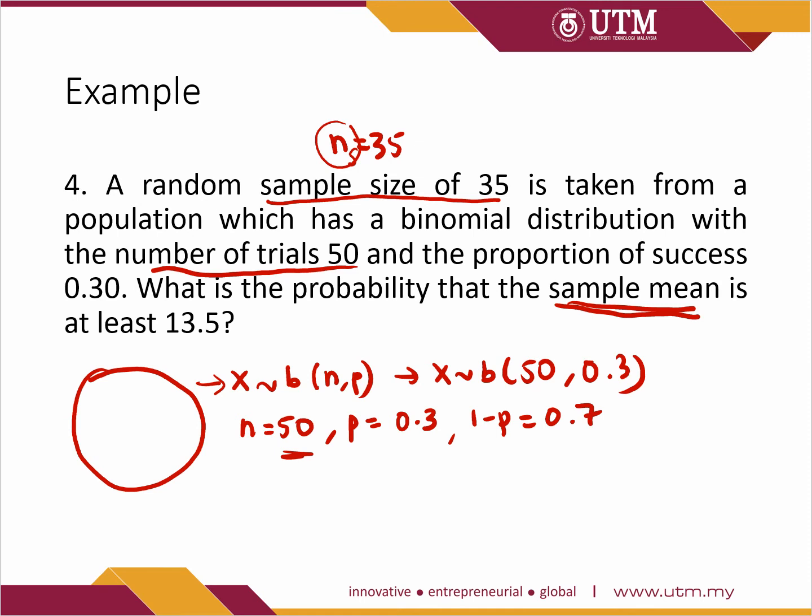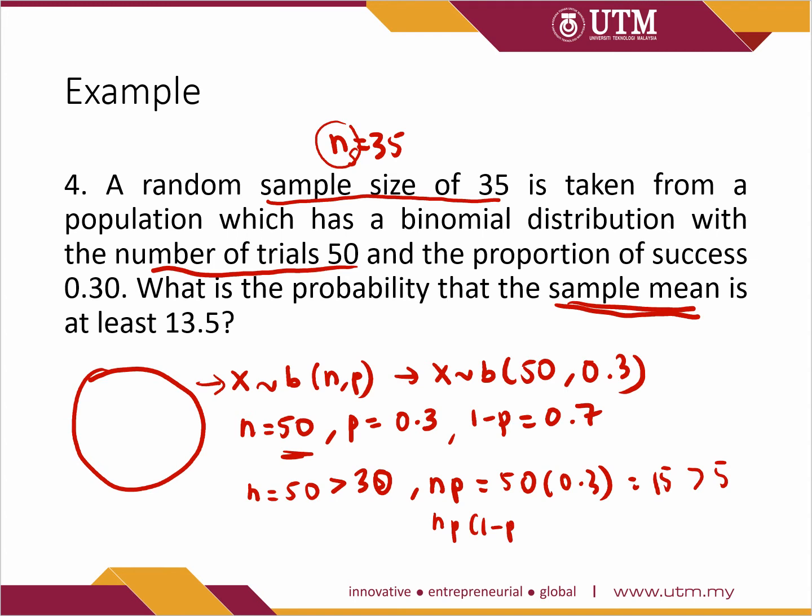So since our number of trials n equals 50 is greater than 30, our np is equal to 50 times 0.3, which is 15, which is greater than 5. Okay, and for np times 1 minus p, it is equal to 10.5, which is also greater than 5.